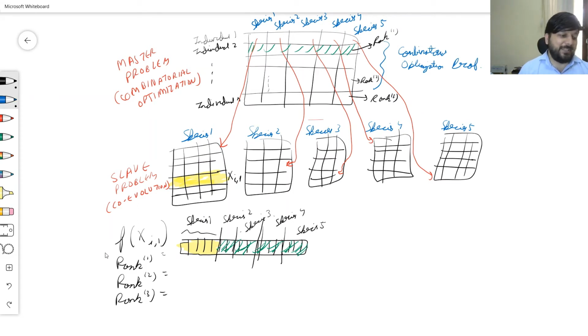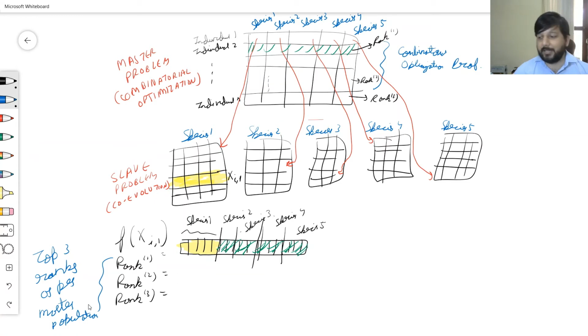So I take the top 3 ranks as per the master population. So rank 1 as per the master population, rank 2, rank 3. Once I take the top 3 ranks as per the master population, all that I do is the same substitution.